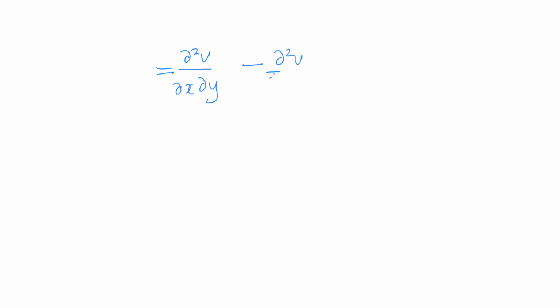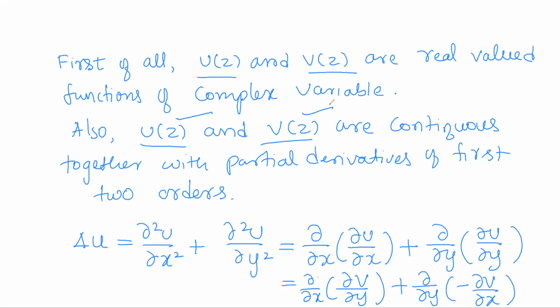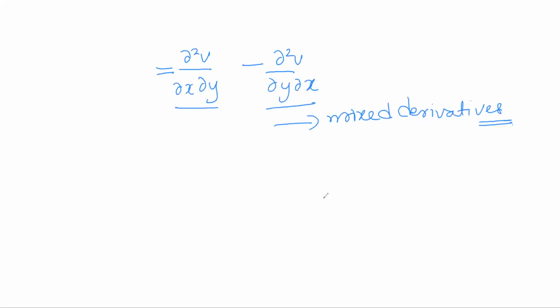Here you can observe that these are called mixed derivatives. These are called second order mixed derivatives. As the second order partial derivatives of u and v are continuous, the mixed derivatives will be equal.